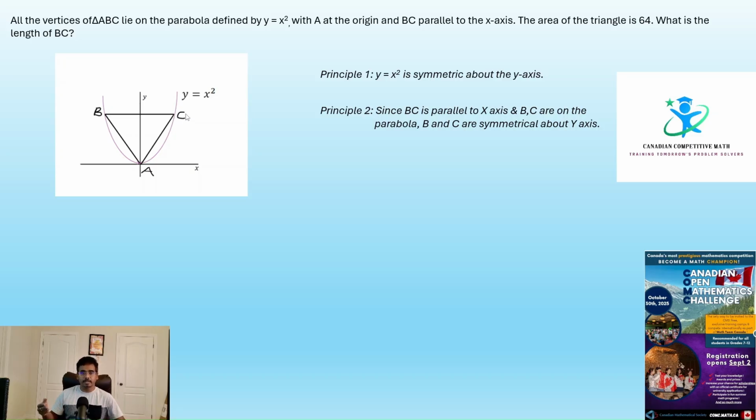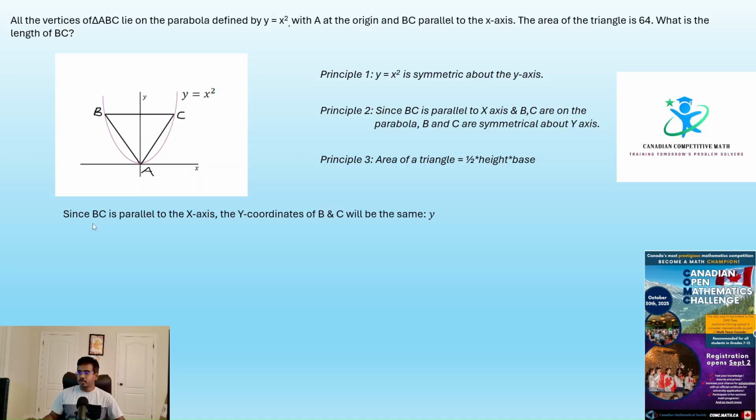I will discuss this a little bit more later. And principle 3, we know that area of the triangle is half times base times height. This is a common method for obtaining the area of a triangle.